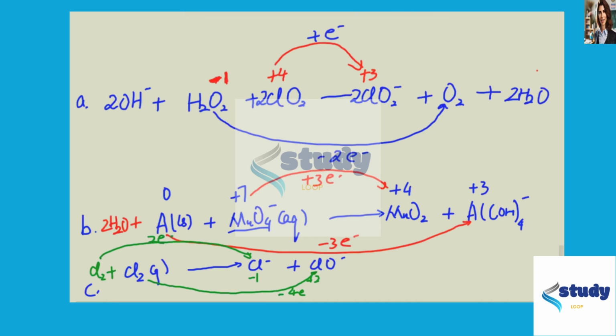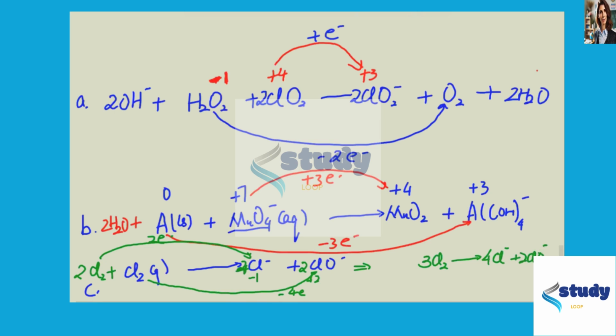So you have to multiply this by 2, so that would be 4 and here is a 2. Then we can try to write the answer. It becomes 3 chlorine forms 4 chloride and 2 ClO minus.